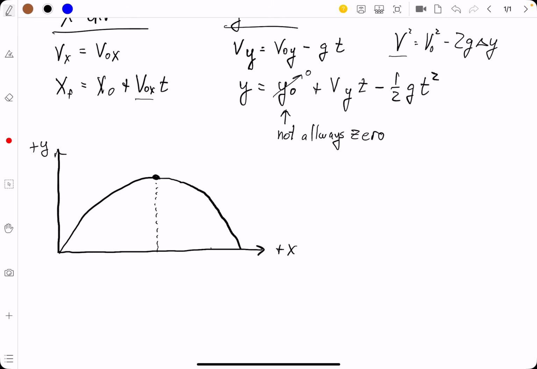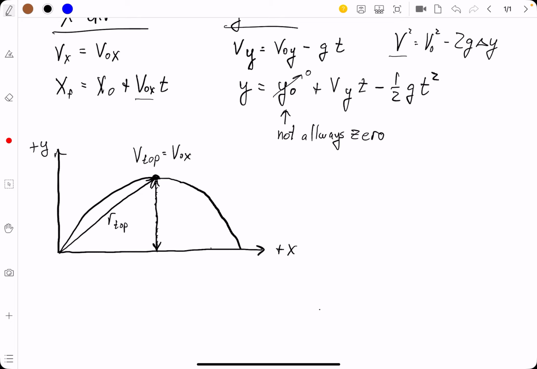All right. So here's our top. Here's our position, our top vector, our positional vector. And this is also, this distance here is our Y max.